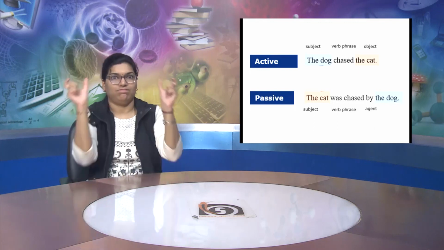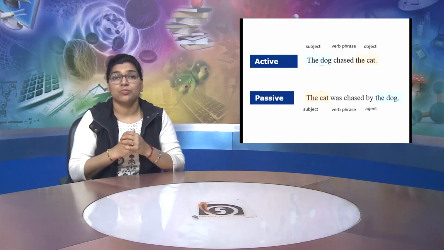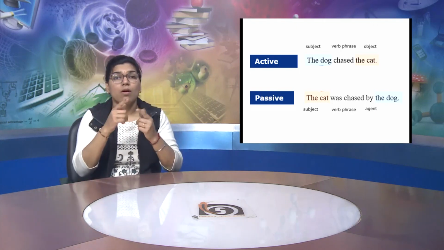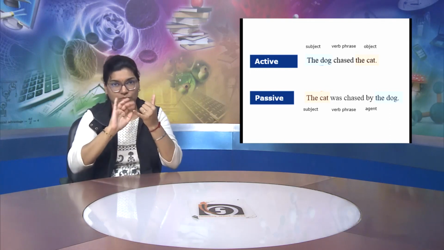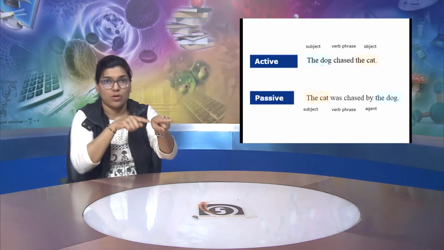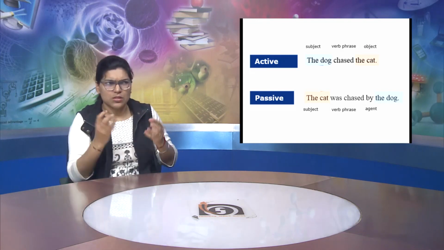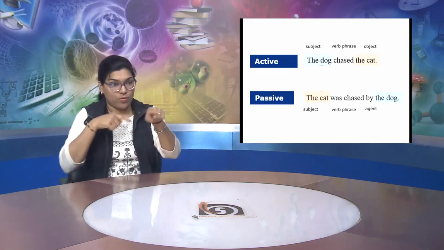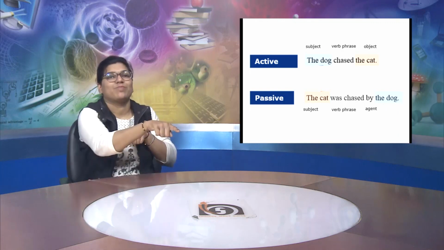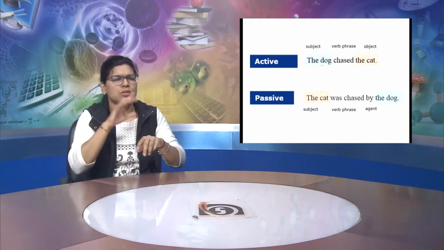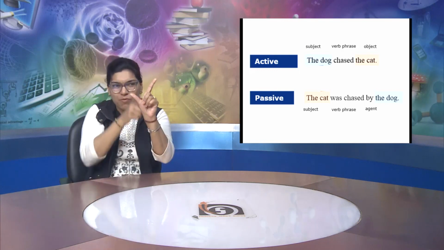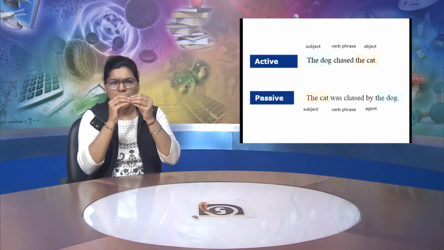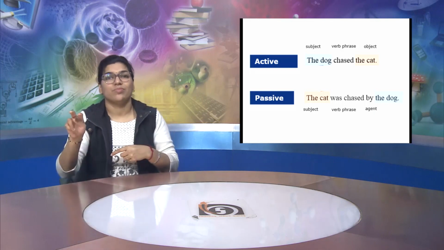Similarly, in passive voice, the subject becomes the object: the cat was chased by the dog. When you read the sentence, the meaning is similar, but it is in passive voice. We change the sentence by adding by in it.